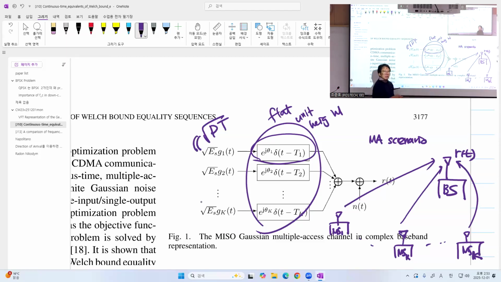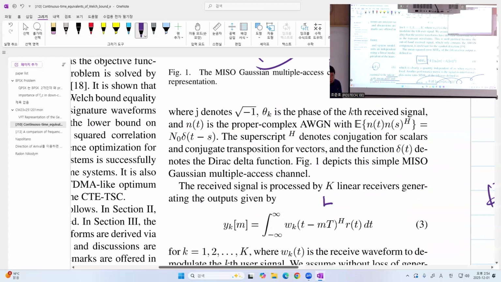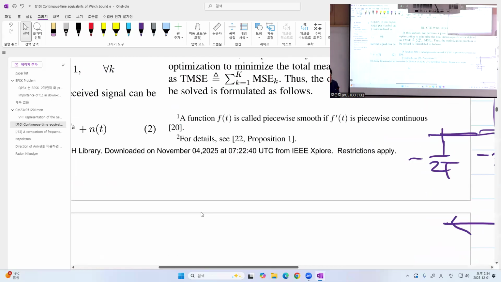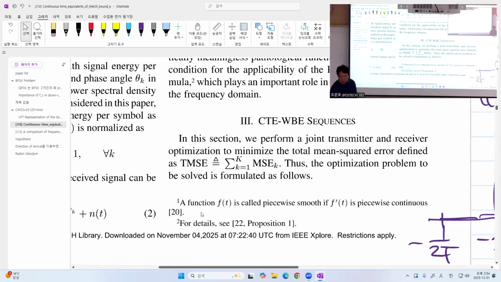One of the simplest approaches is to consider total mean squared error minimization. So sometimes we just add up these mean squared errors, sum up for all k, and then we minimize. In this paper, we adopt that criterion.